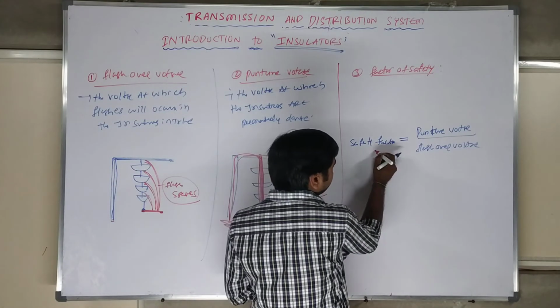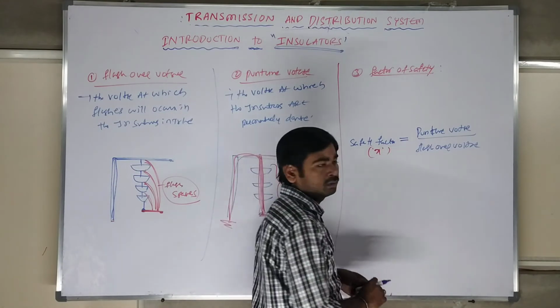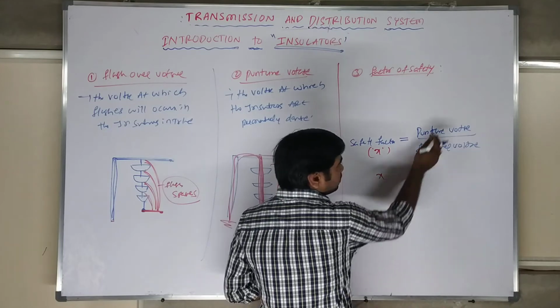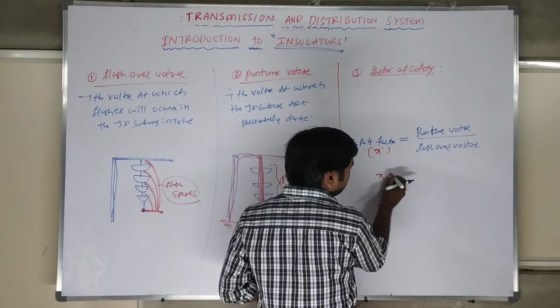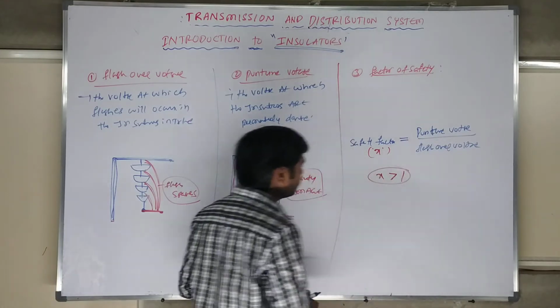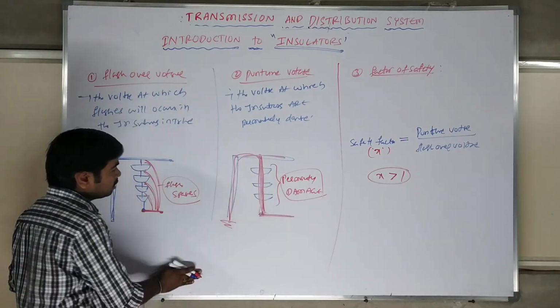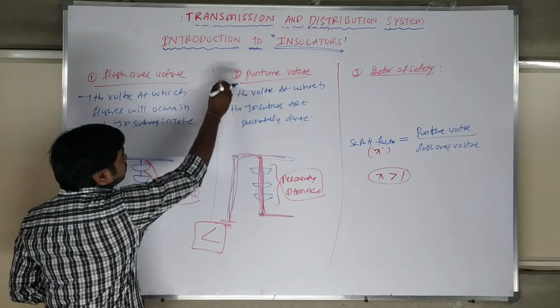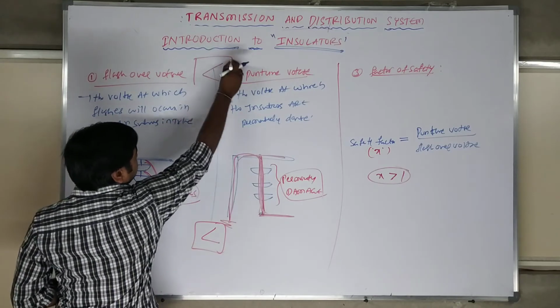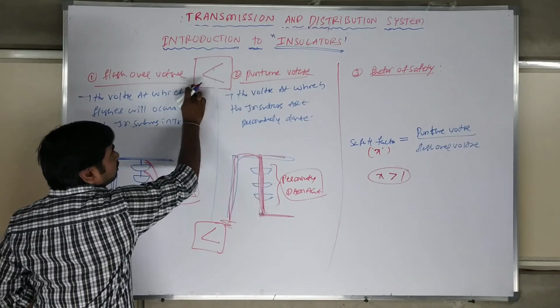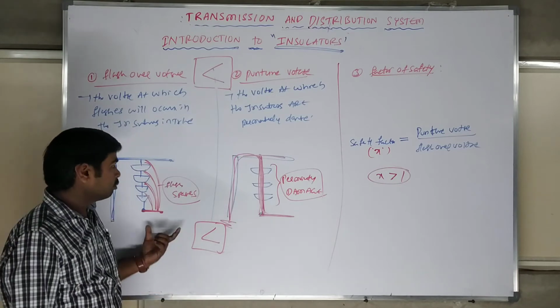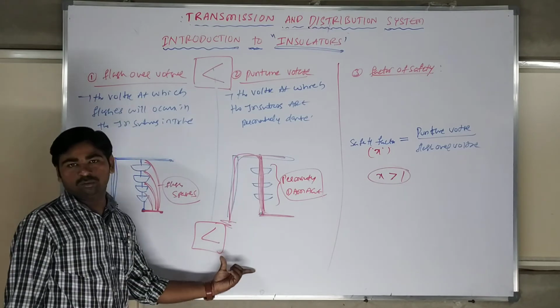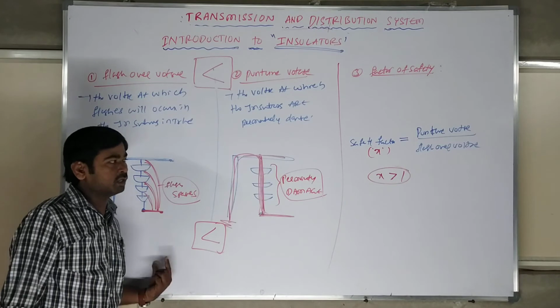The factor of safety notation is X. Always the puncture voltage is more than the flashover voltage, so the X value is always greater than 1. The puncture voltage is always greater than the flashover voltage, because puncture comes into the picture only after flashover.